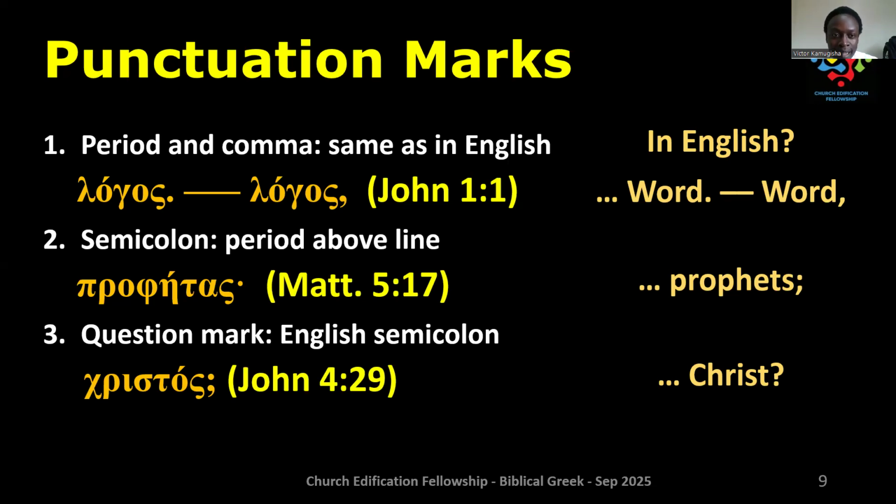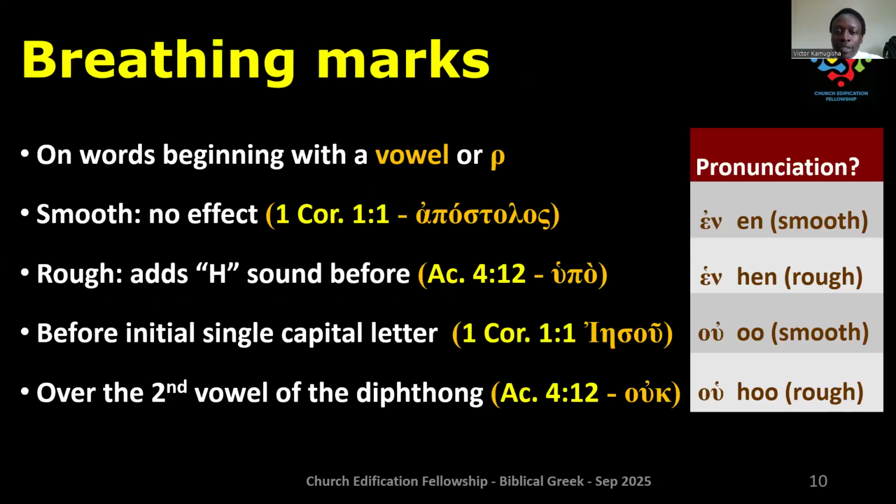So that's the first diacritical. The second one is breathing marks. Now, breathing marks are on words beginning with either a vowel or a rho. A breathing mark can be smooth. Let me highlight this here. Look at the word en, which I've circled in yellow.